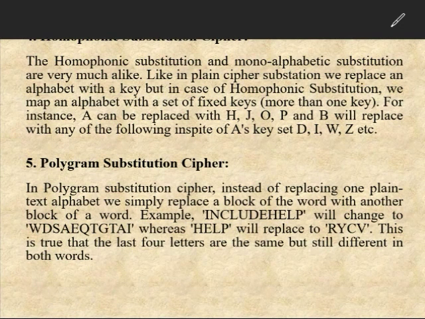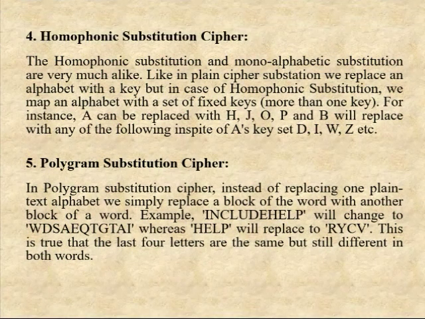Next type is the homophonic substitution cipher. The homophonic substitution cipher is a substitution cipher in which a single plain text letter can be replaced by any of several different ciphertext letters. They are generally much more difficult to break than standard substitution ciphers.